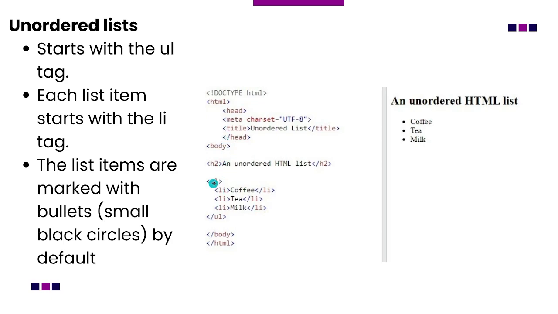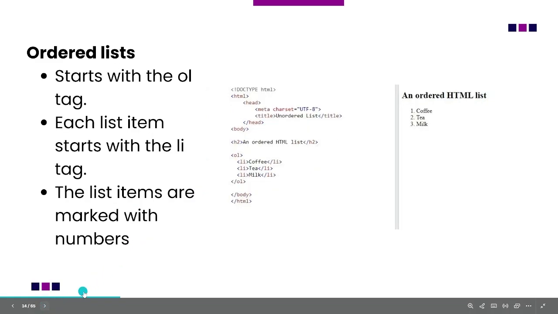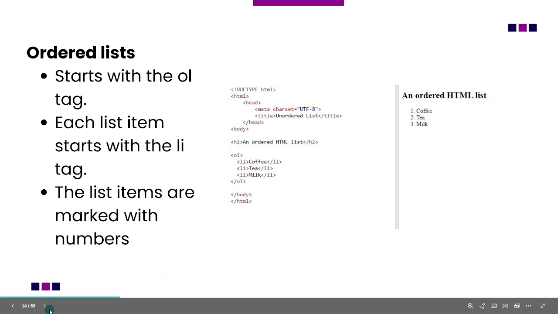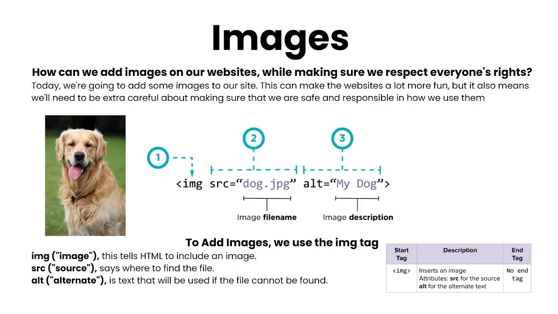Of course, that involves UL and then the LI nested inside of the UL. And then we have ordered list, which involves numbers, and that has the OL tag, again, with the LI nested in between it. Now we're going to get into images.